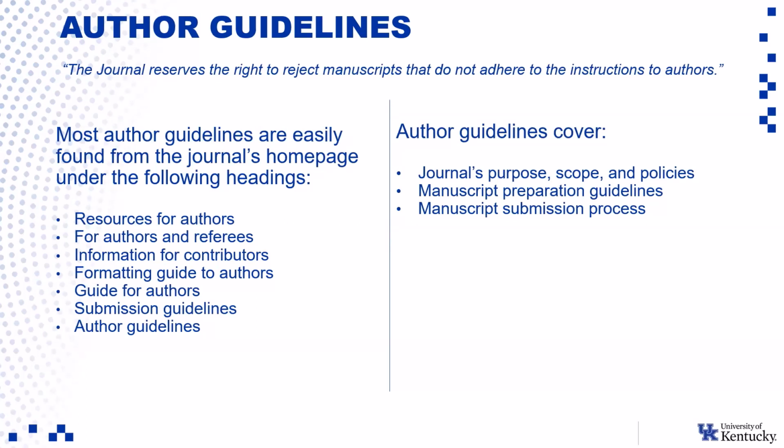So if you plan to publish a case report or a specific type of review or any other special type of research, you would want to review the types of articles the journal accepts to see if you can find those types of articles recently published in the journal to make sure the journal is a good fit for your work. So most author guidelines are easily found on the journal's homepage.